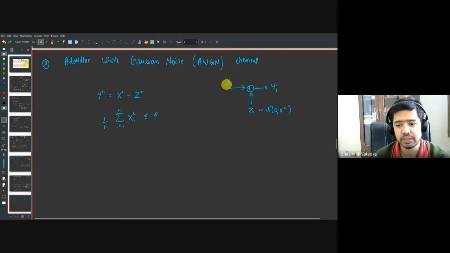So you transmit a sequence of, again, remember it's a discrete time system, a sequence of numbers or symbols, and each symbol is independently corrupted by Gaussian noise.